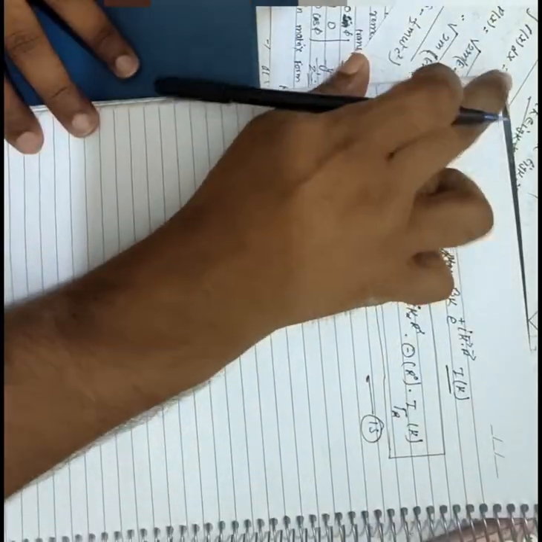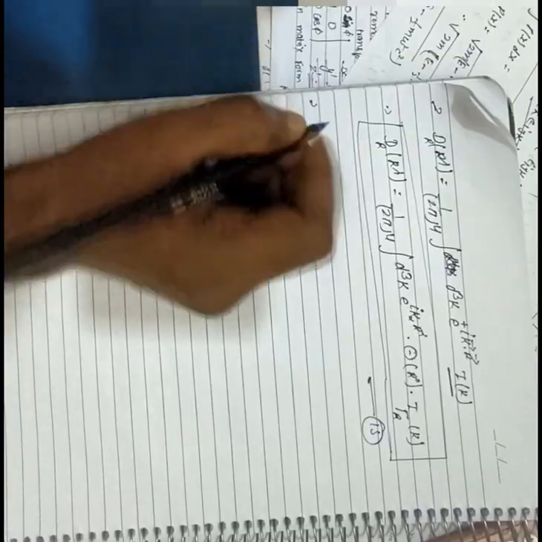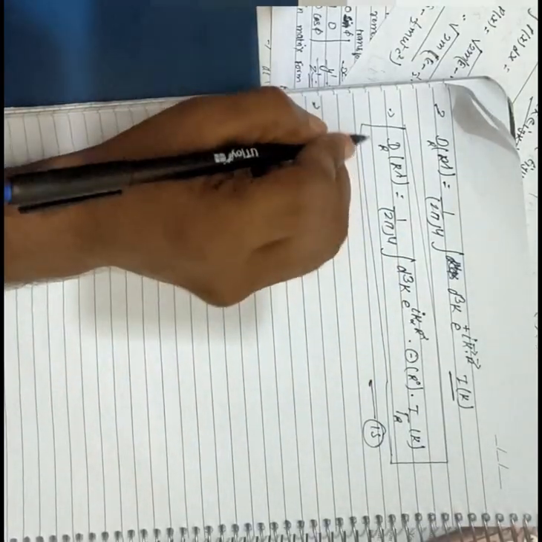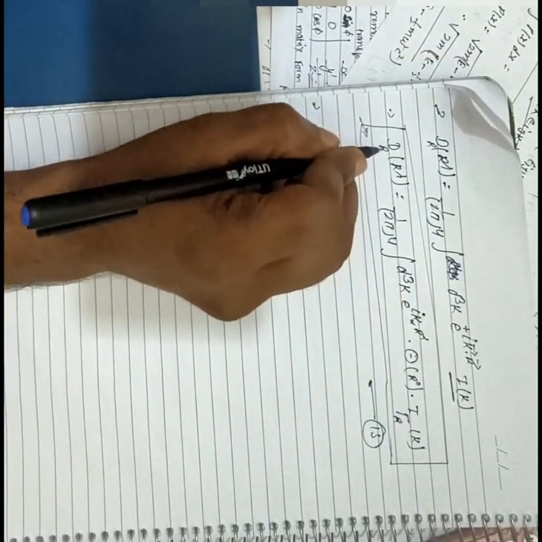Now in the A contour, in the upper half plane, this was in the lower half plane.